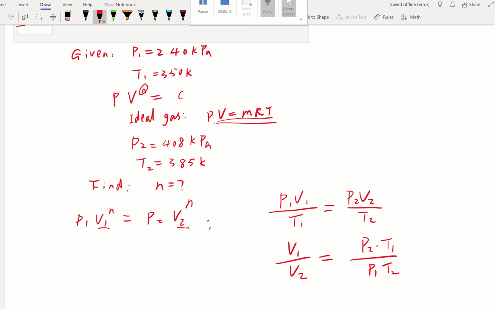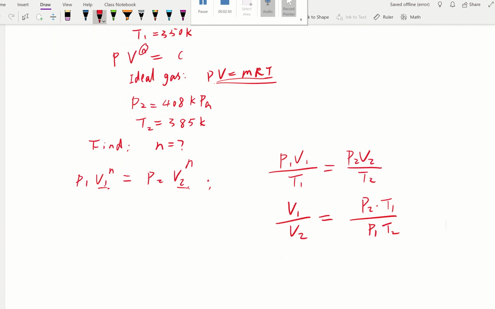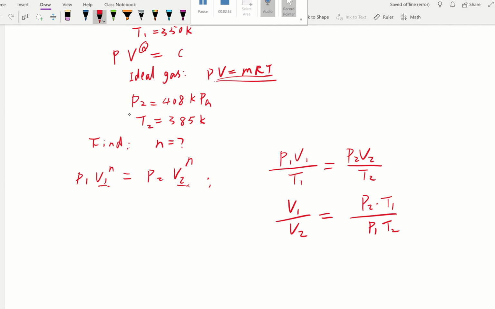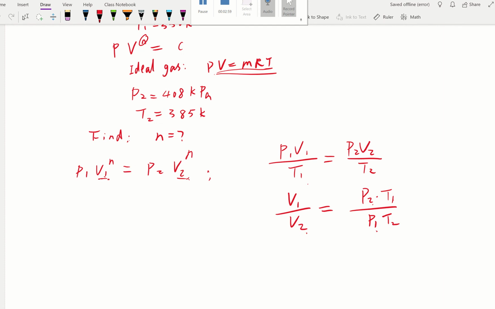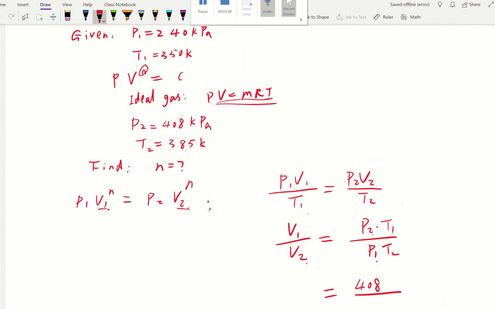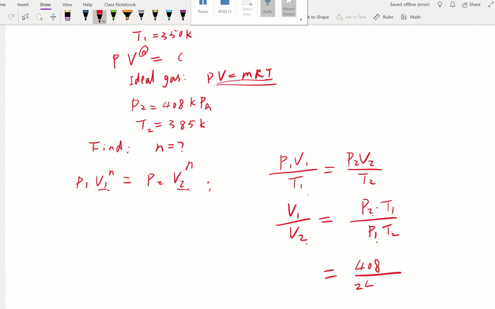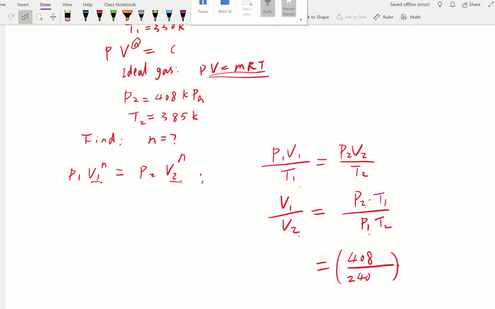Cross multiply, we got this, because P2 V2 times T1 is equal to P1 V1 times T2. Okay, so we have that. Now let's see the volume ratio. We do know P2, which is 408 kilopascal. P1 is 240 kilopascal. Then that's our P2 over P1 ratio. Now how about our T1?